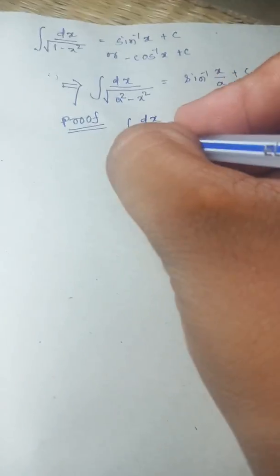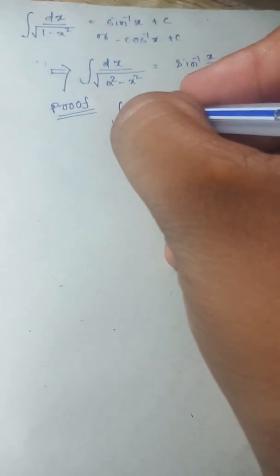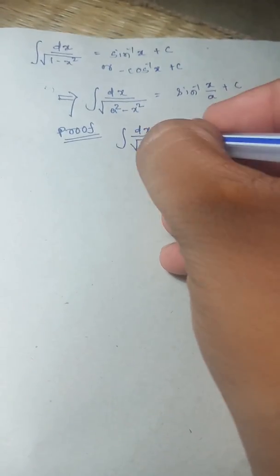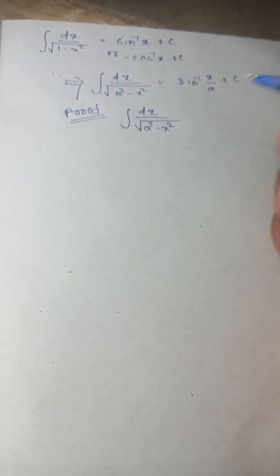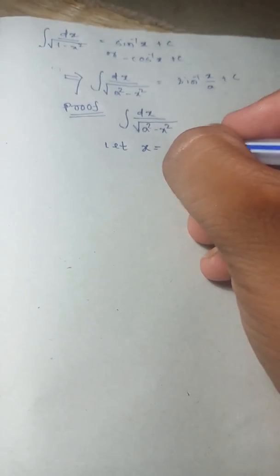See, first formula, I am writing the question again: integration of dx by root over a square minus x square. So let us consider x is equal to a sin theta.